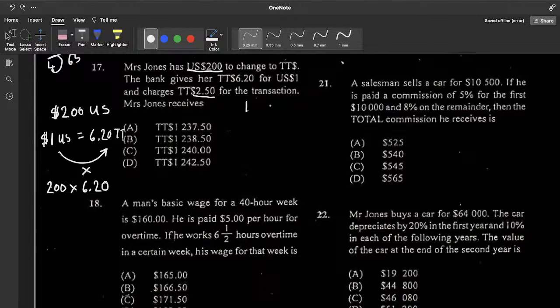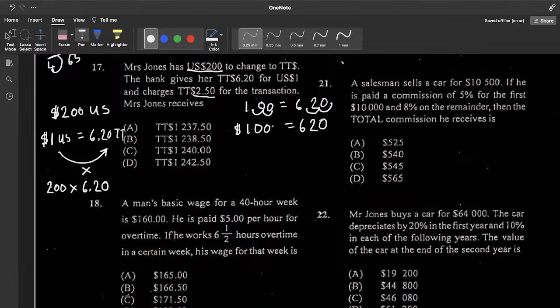So if $1 is equal to 620, I could multiply this by 100 and this by 100, and basically we'd be saying that $100 is equal to the 620. So 100 US is equal to $620.